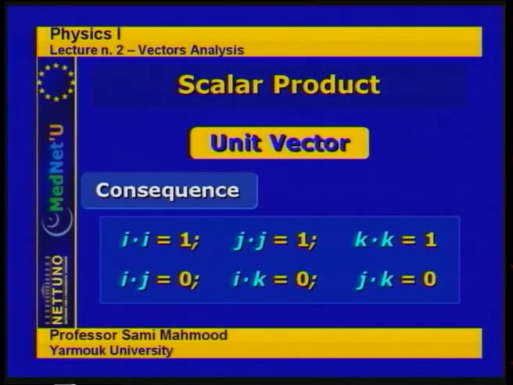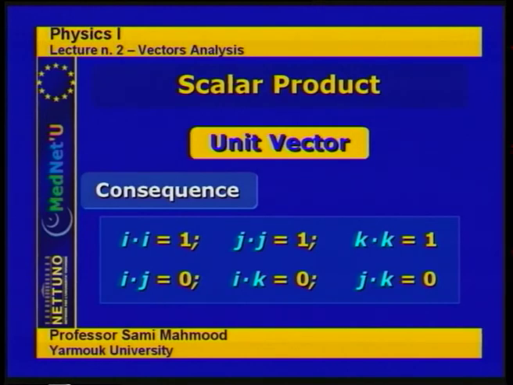So this gives us the magnitude of the dot product of vectors A and B. If we apply this definition of the dot product to multiplying unit vectors with each other, we conclude that the dot product of any unit vector with itself is equal to 1, because the magnitude of each unit vector is 1, and the angle between the unit vector and itself is 0, which gives cosine 0 equal to 1.